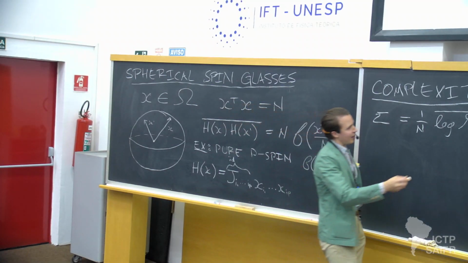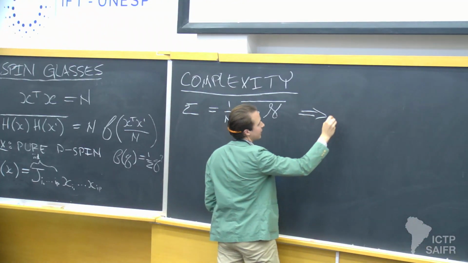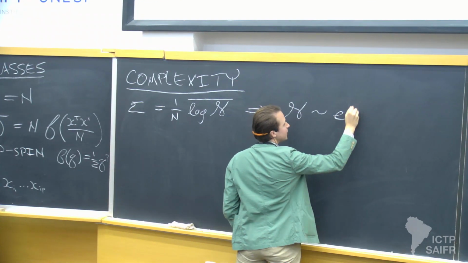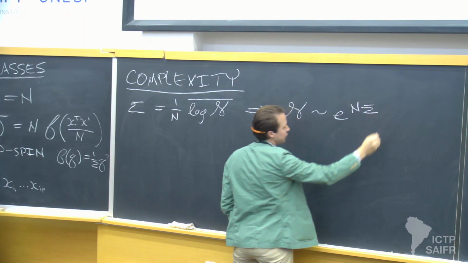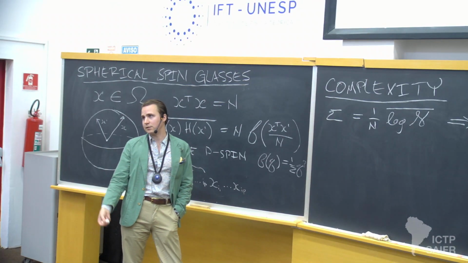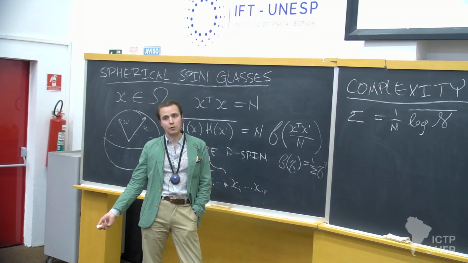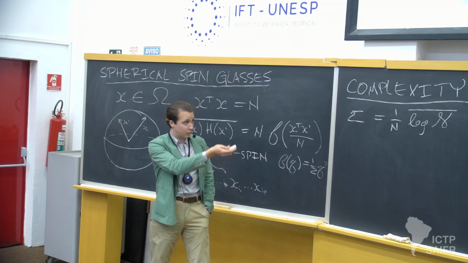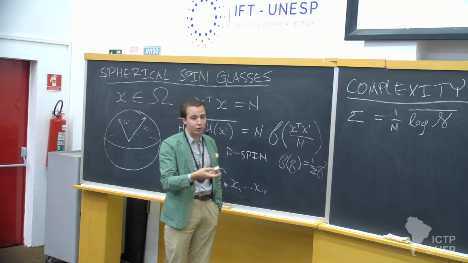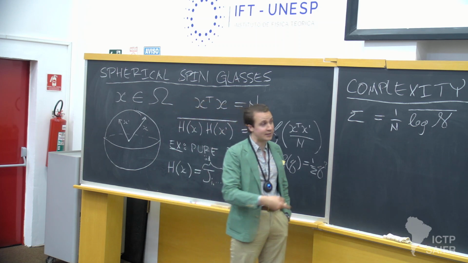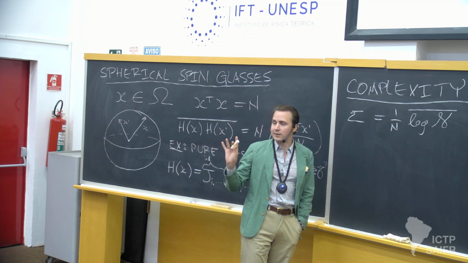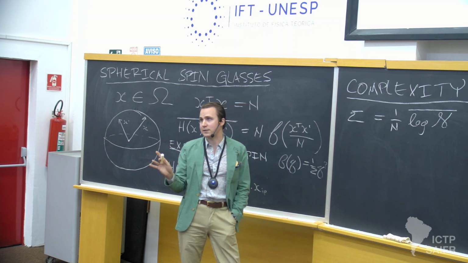Now this implies that the number of stationary points will tend to be e to the N times the complexity, so exponentially large in the size of the configuration space, by an amount given by the complexity. So a complexity of 0 means that we expect to find order 1 or fewer stationary points, or let's say less than order N. If it's negative, it is vanishingly likely that we find any stationary points with properties of that type.